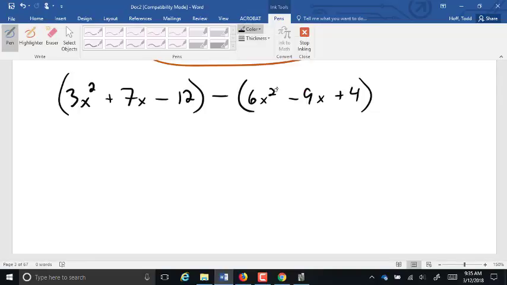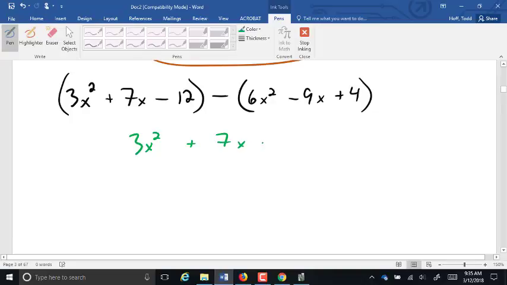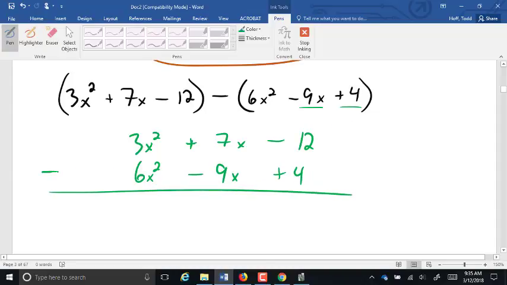So we line these up. 3x squared plus 7x minus 12. The 6x squared goes underneath the 3x squared. The negative 9x goes underneath the positive 7x. And the positive 4 ones goes underneath the negative 12 ones. Now we have to remember this is subtraction going down each column.